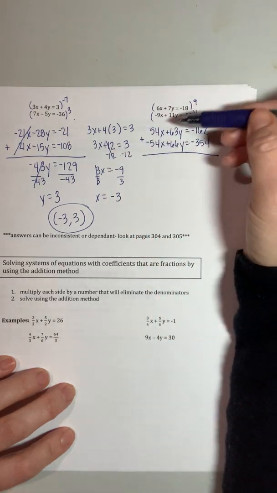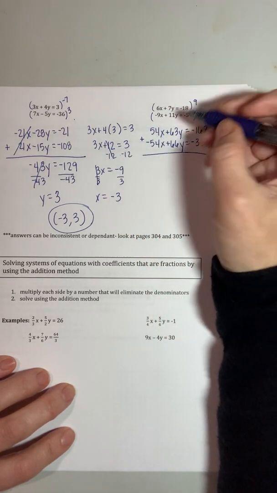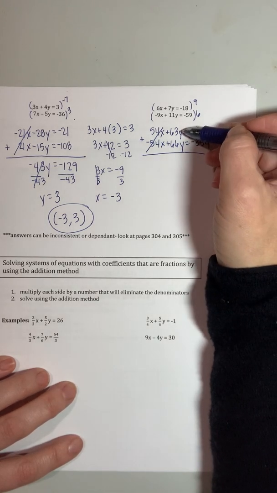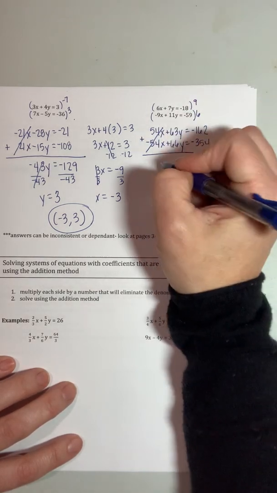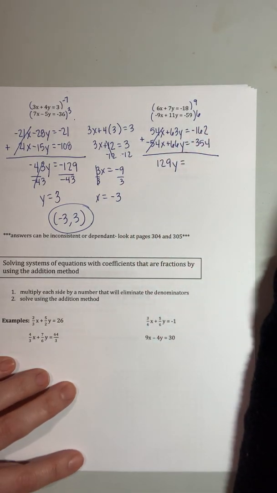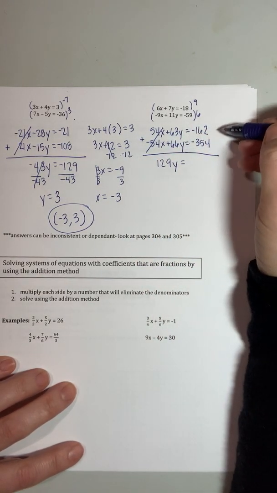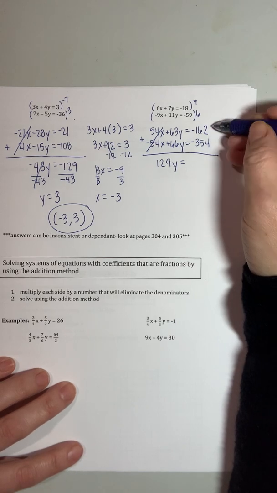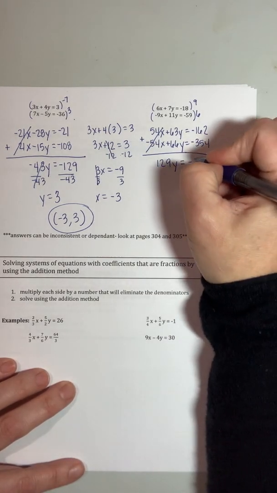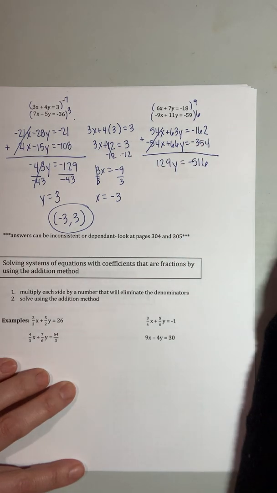All right, so by multiplying by 9 and 6, we were able to eliminate the 54s. So now I have 63 plus 66, which is 129. Negative 162 plus negative 354, that's adding two negatives. So that gives us negative 516.